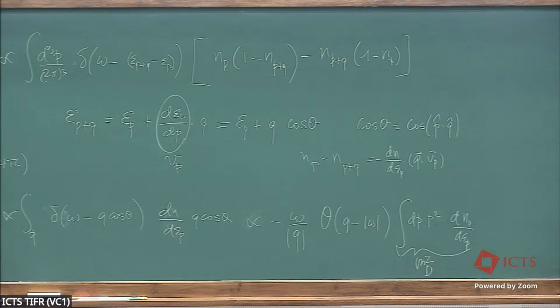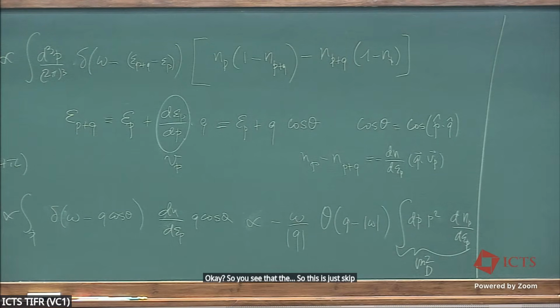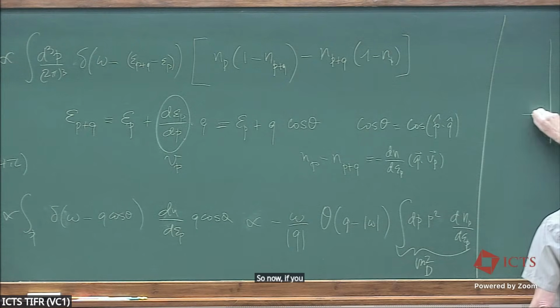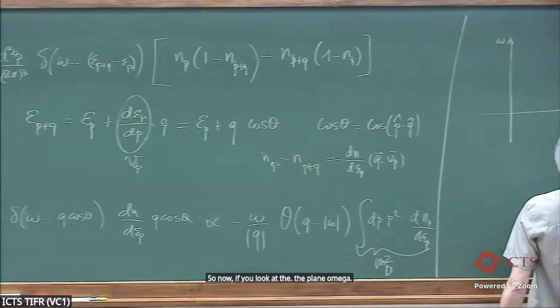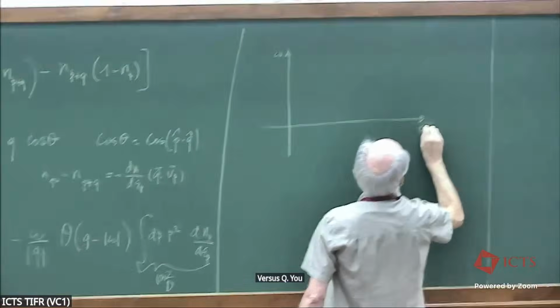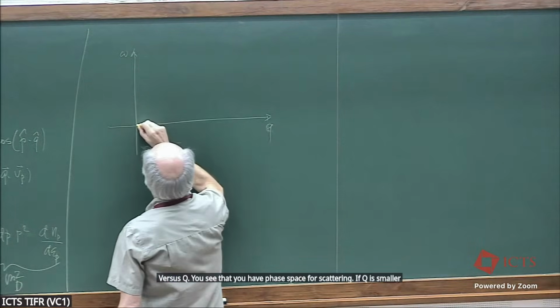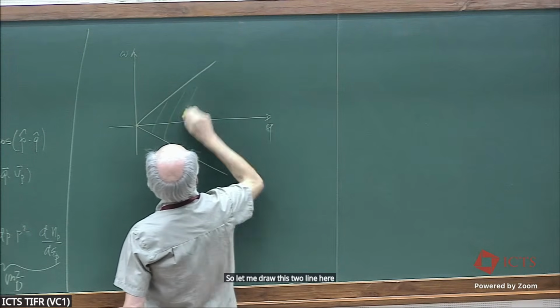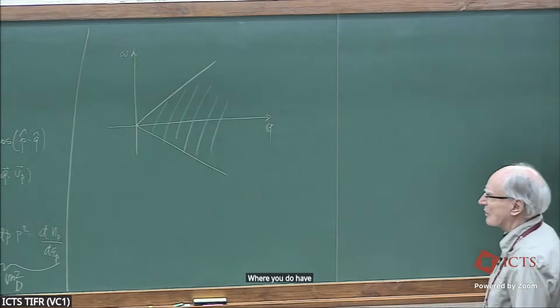So skip the detail of the integration here. Now if you look at the plane omega versus q, you see that you have phase space for scattering if q is smaller than omega. So let me draw these two lines here. This is a region of phase space where you do have a possibility of scattering.